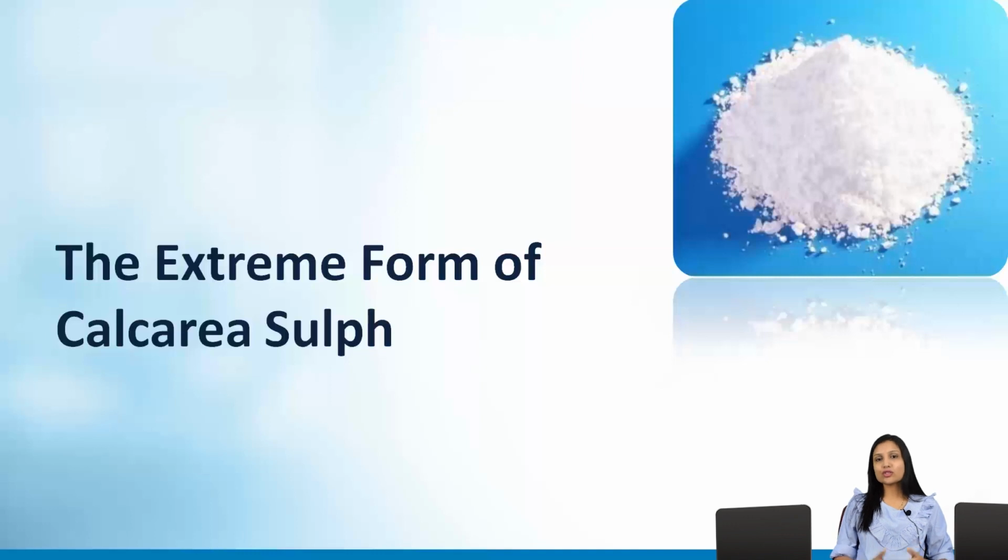Calcarea Sulph also has festering wounds, also has a feeling of underappreciation that Hepar Sulph has. But if you look at both remedies, the reactions given by these remedies are totally different, and that is what sets them apart from each other.